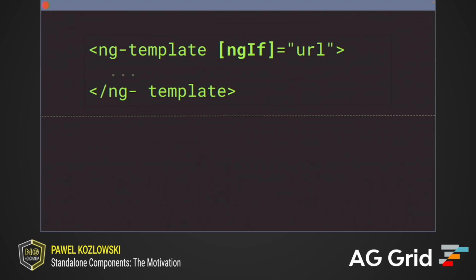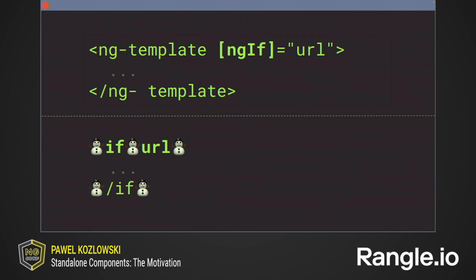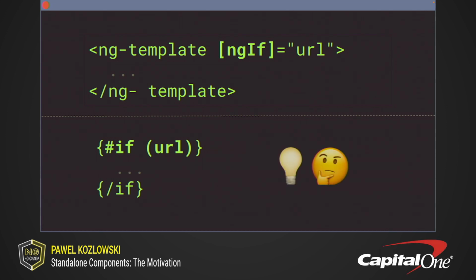Or maybe we could think of changes to the Angular templating language and have control flow natively baked into Angular template syntax. And I don't know what character we should choose for the snowman. There are different possibilities. We could use something like the mustache syntax used by Svelte, something else. I don't know. We haven't designed it. We haven't decided upon doing this. But this is a conversation we want to have and the conversation we are having in the team.